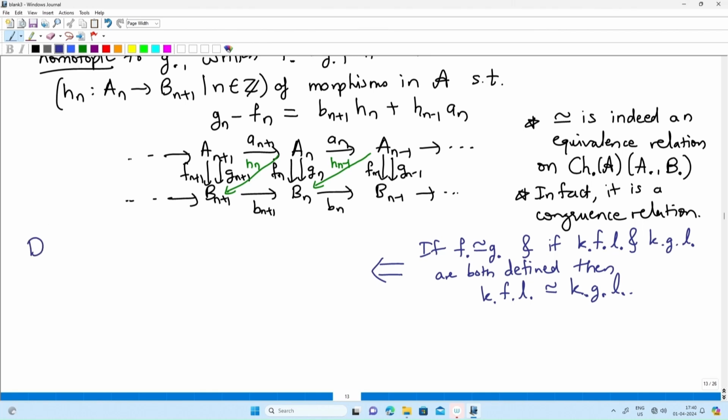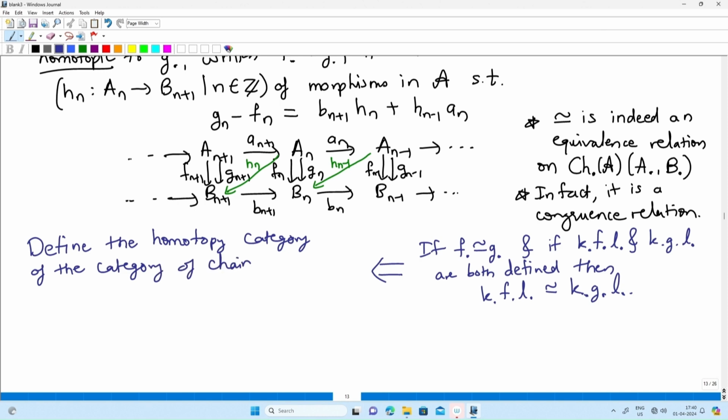So define the homotopy category of the category of chain complexes to be the category, let me also give you the notation, K dot A, it is CH dot A quotiented out by the homotopy equivalence relation. This is the homotopy category.